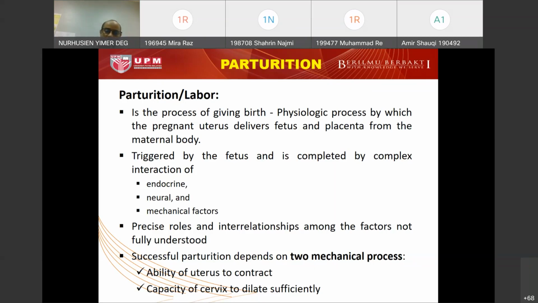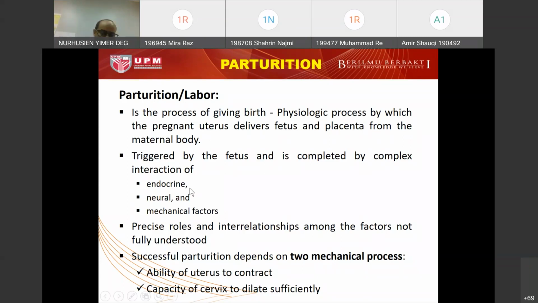That will lead to a complex cascade of processes that will end up with the delivery of the fetus. This requires the interaction between the endocrine system, the neural or nervous system, as well as some mechanical factors for this process to be completed successfully.